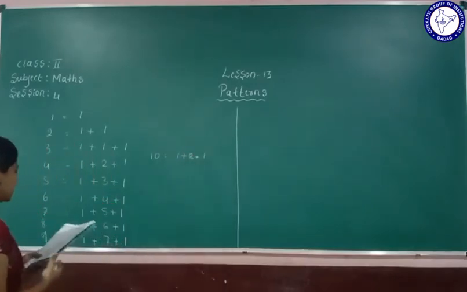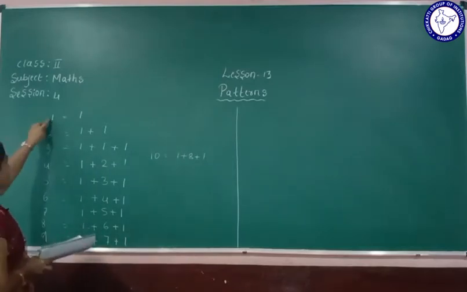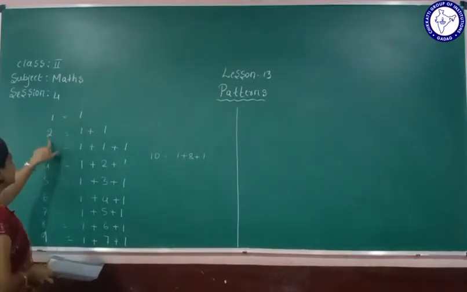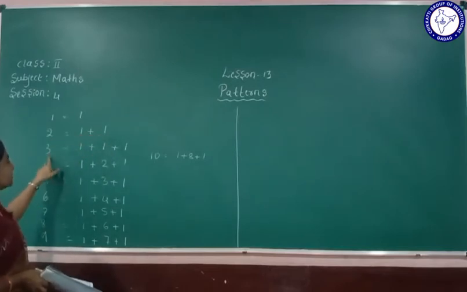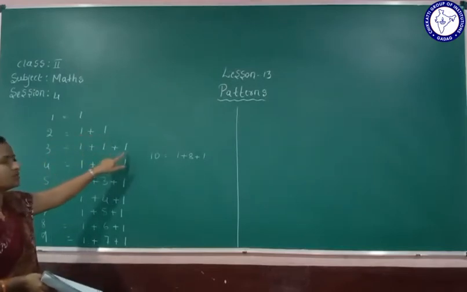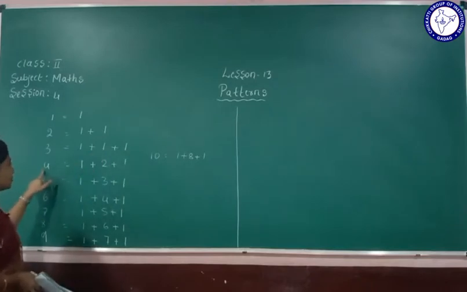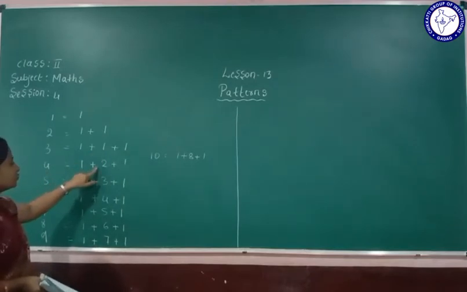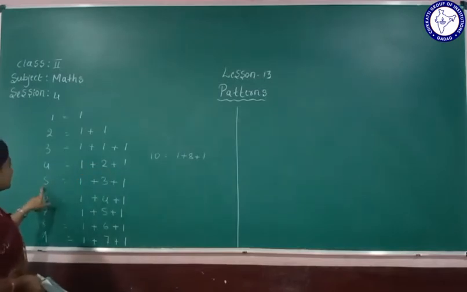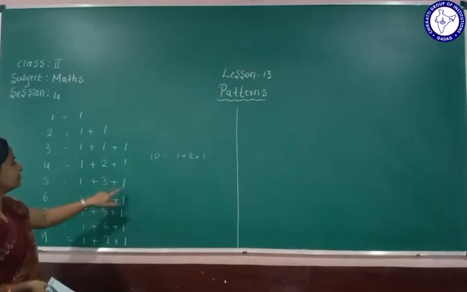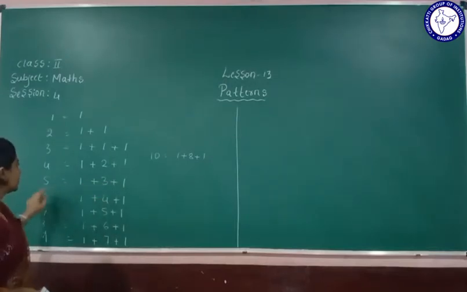Yes, here see, this is a pattern. 2 is split as 1 plus 1. 3 is split as 1 plus 1 plus 1. Next 4 is split as 1 plus 2 plus 1. 1 plus 2 is 3, 3 plus 1 is 4. Next 5 is split as 1 plus 3 plus 1. 1 plus 3 is 4, 4 plus 1 is 5.